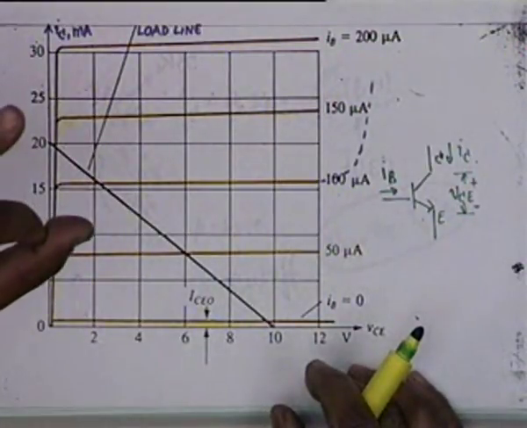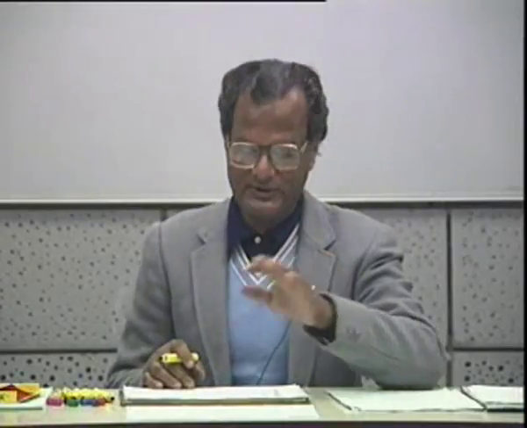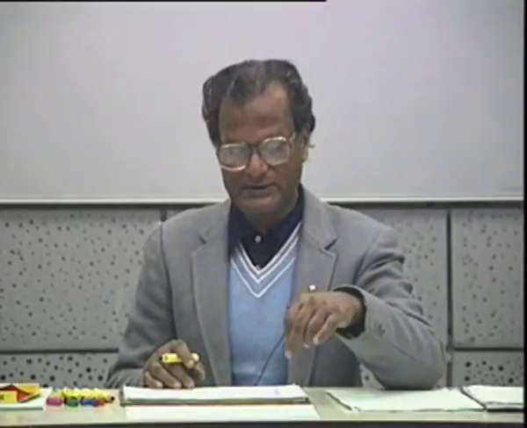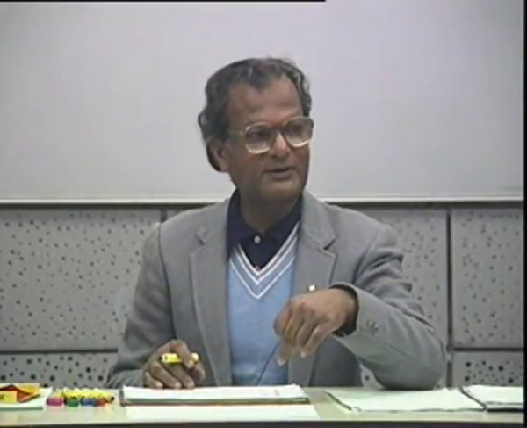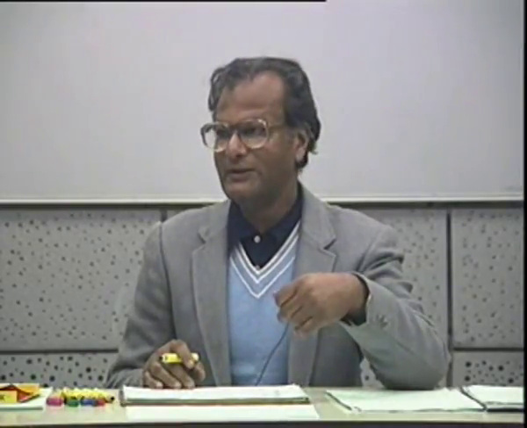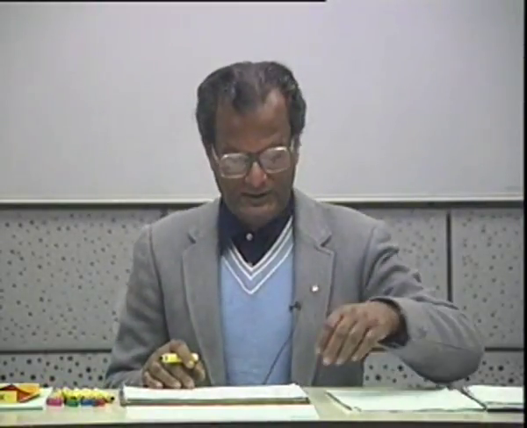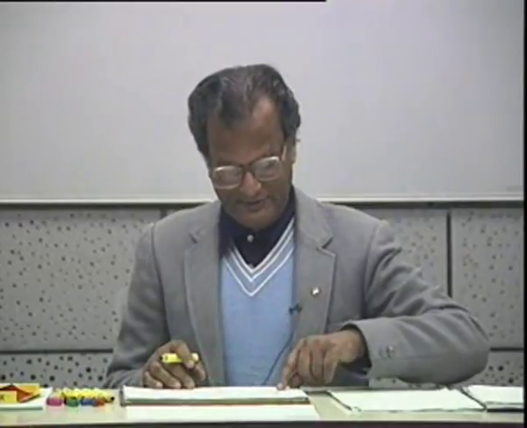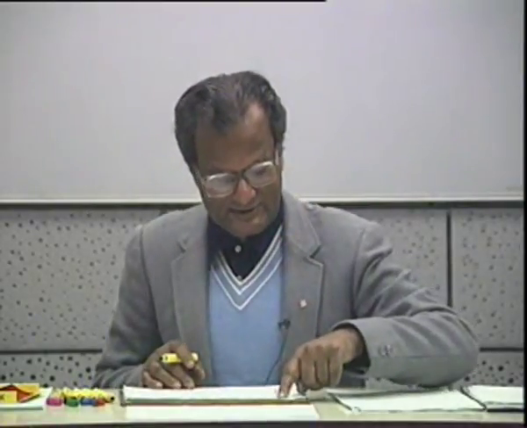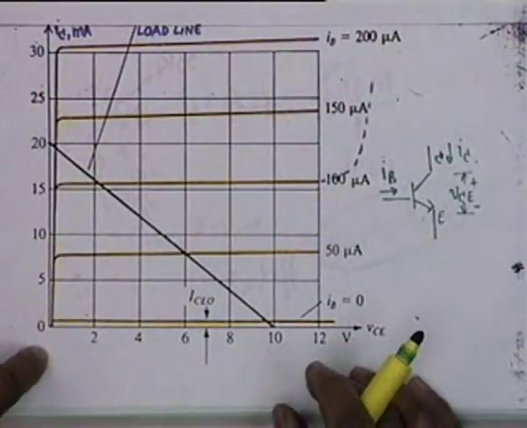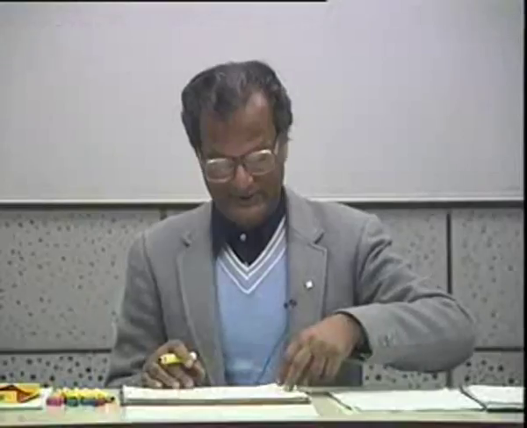This is the region that defines our region of interest. We are not interested in the other regions. Other regions will be taken care of in the digital electronics class, or the nonlinear transistor circuits. Now we must explain what this line corresponds to and why we call it a saturation line.